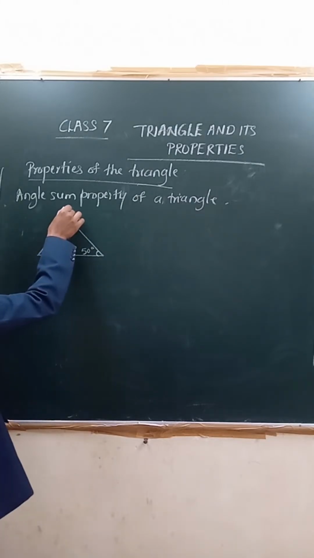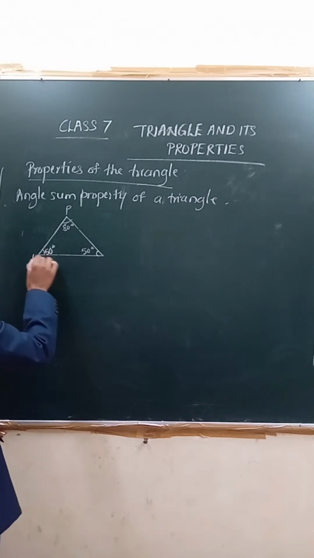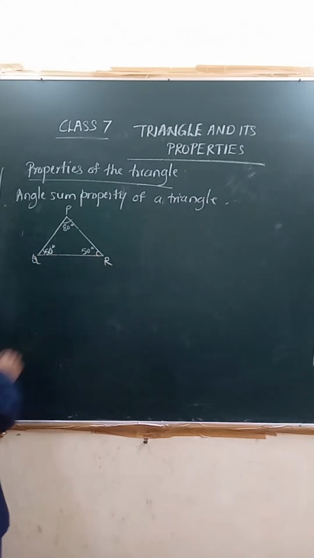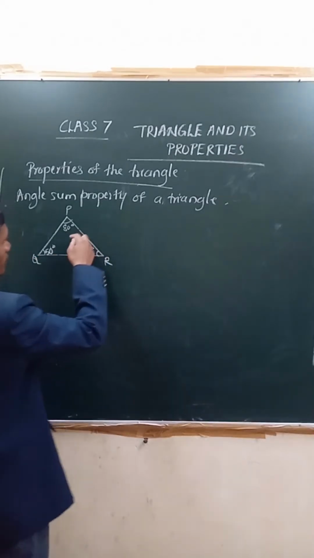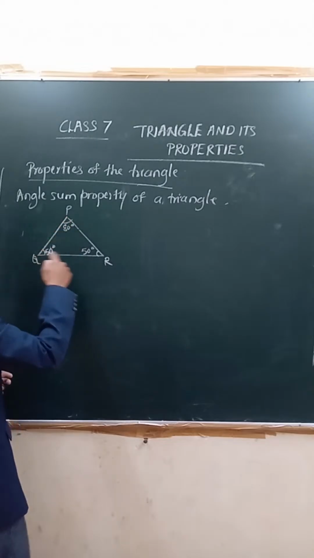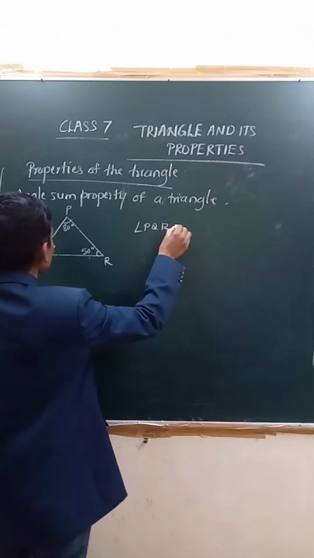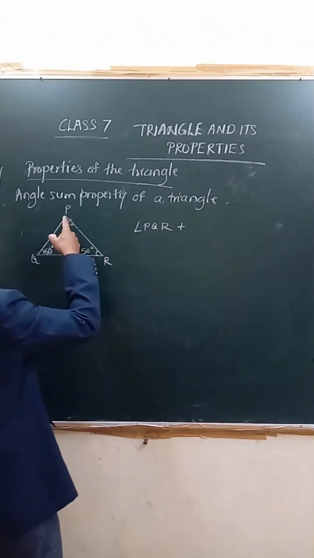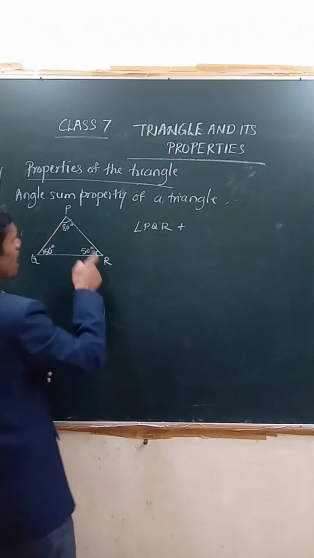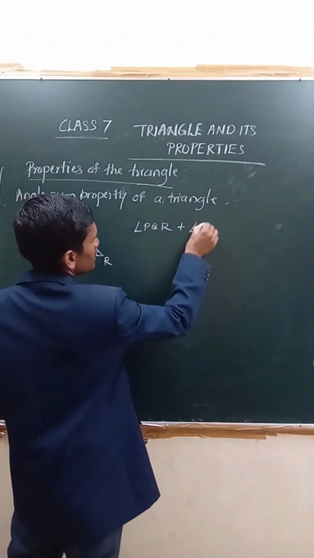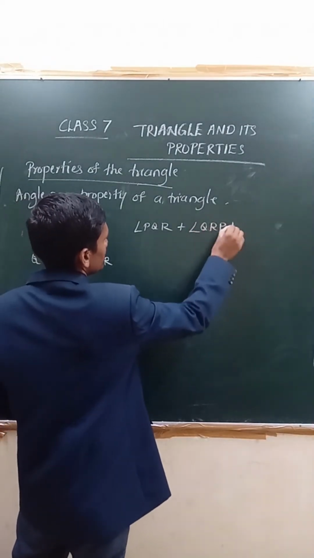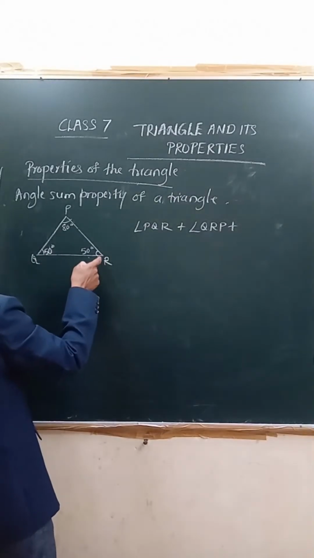Means what? If you give a name to this triangle, what do we find out? Angle PQR plus angle QRP plus angle RPQ.